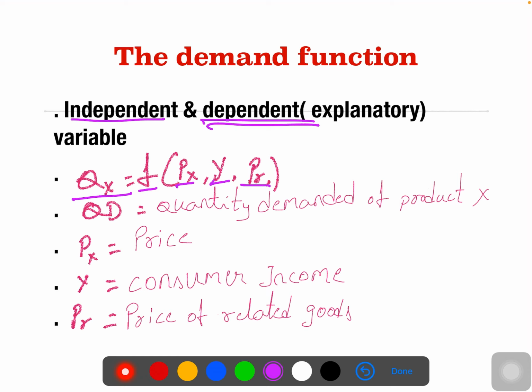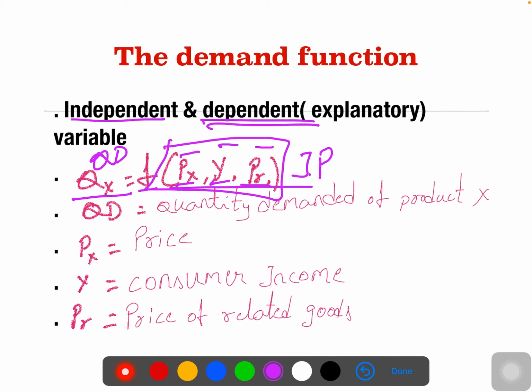In this case, these are all independent variables. Whenever the price of the good changes, whenever the income of the consumer changes, whenever the price of related goods changes, the quantity demanded is also going to change, sometimes positively, sometimes negatively. So the quantity demanded is completely influenced by its determinants.